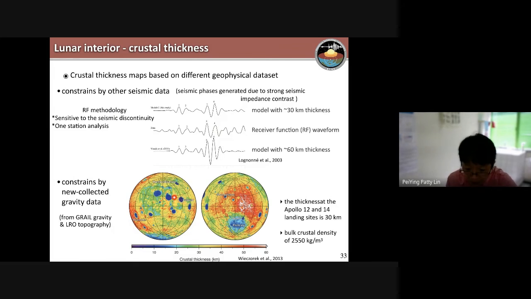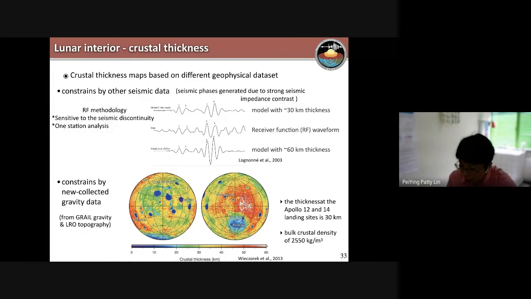And also, while we have the GRACE mission on the Earth, in 2011-12 there was the GRAIL mission, and they made a very nice gravity map of the Moon, and then compared the gravity data and topography.